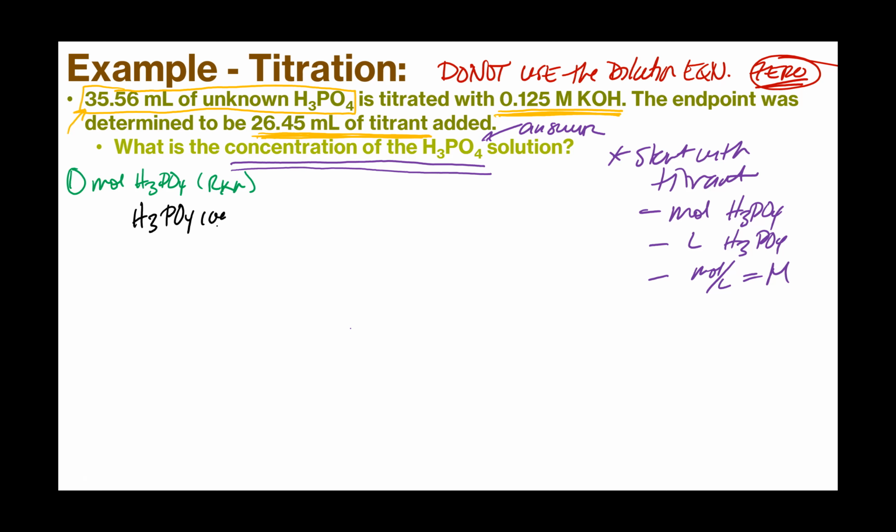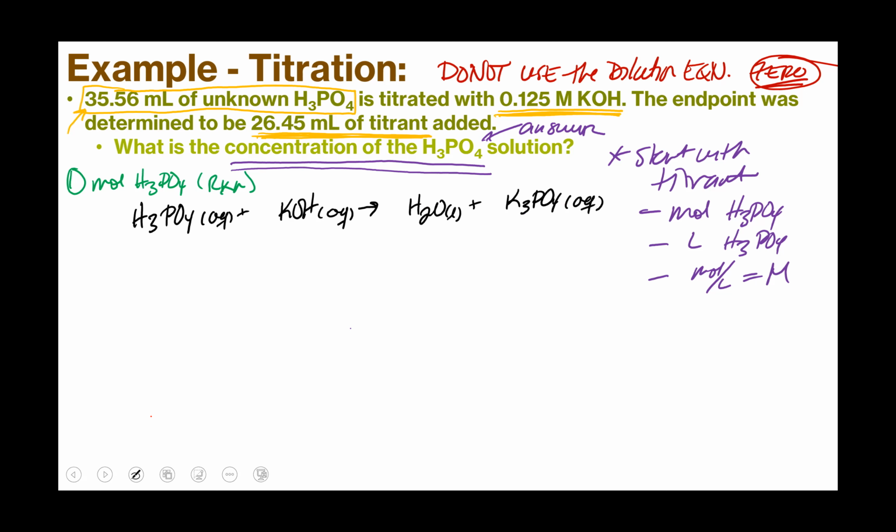H3PO4 aqueous is reacting with KOH, that is also aqueous. Because we have hydroxide with an acid, we're going to get water. And the salt that's left over is potassium phosphate, K3PO4, that is aqueous. Now, make sure this is balanced before you get much farther into this.